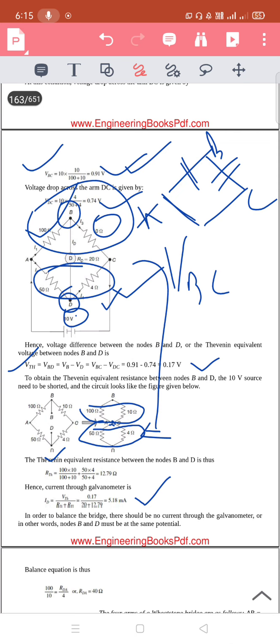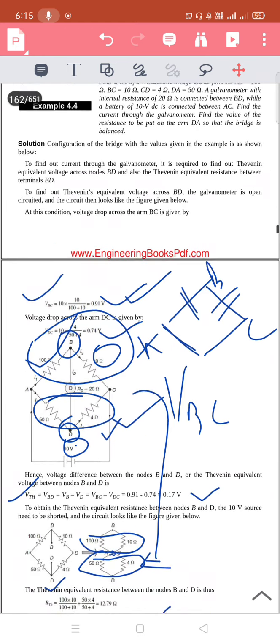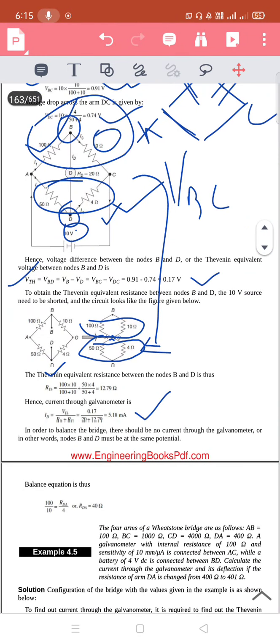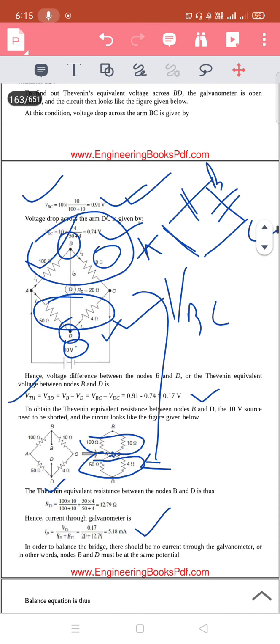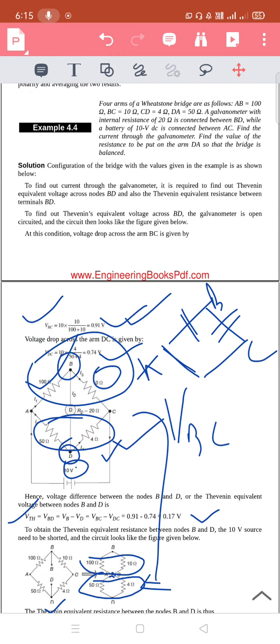So one thing is already calculated, that is the galvanometer current. Now it is asking for the resistance value at DA so that our bridge is balanced.